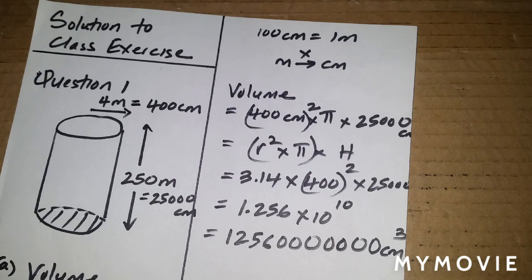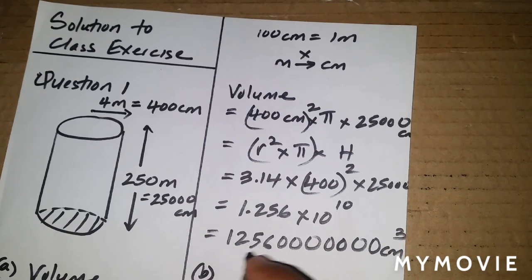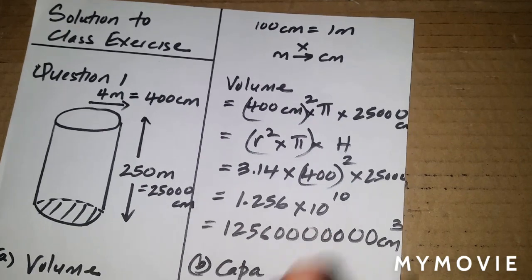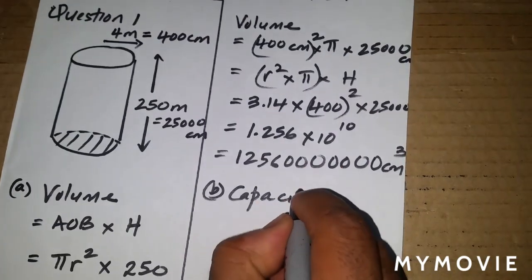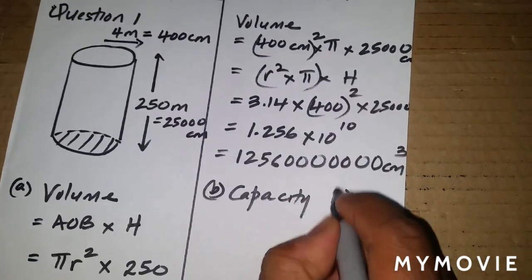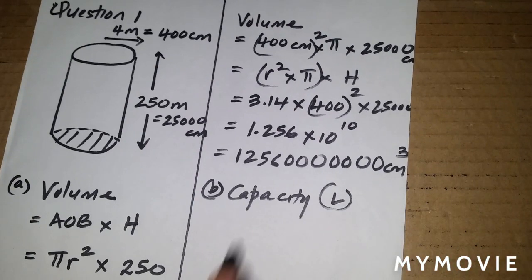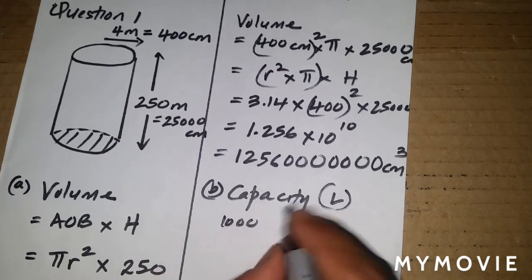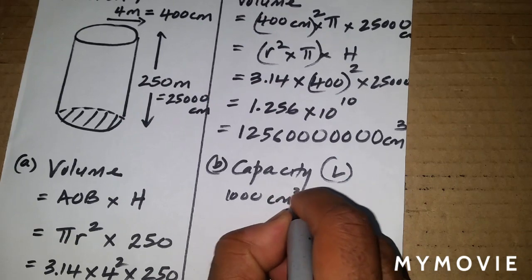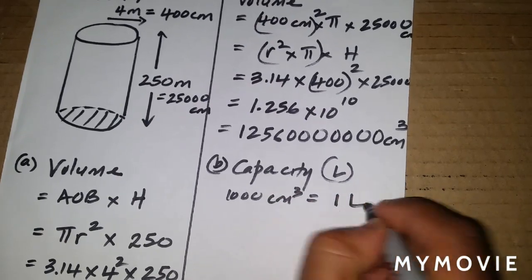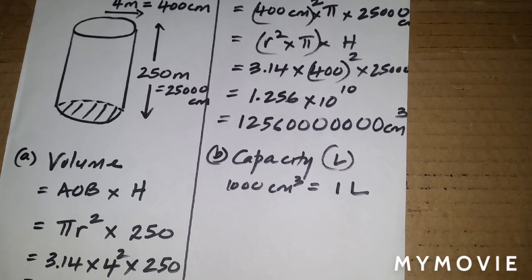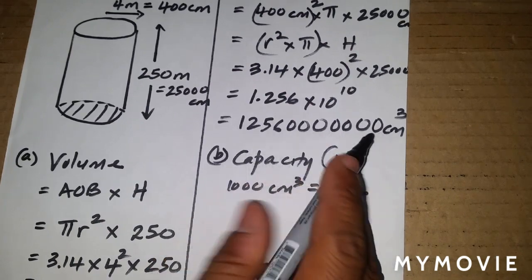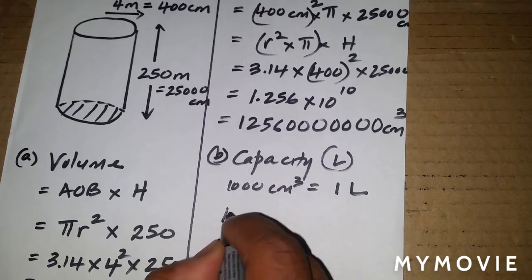Okay. Now if we're asked for the capacity in liters, well, we know 1000 cubic centimeters is equal to 1 liter. So all we need to do is to just divide this by 1000 and we're good to go.